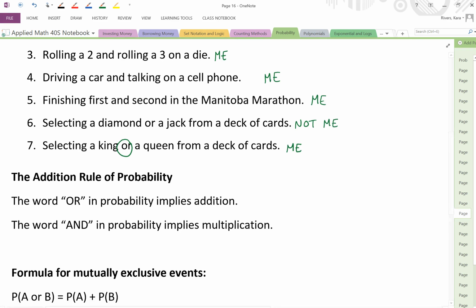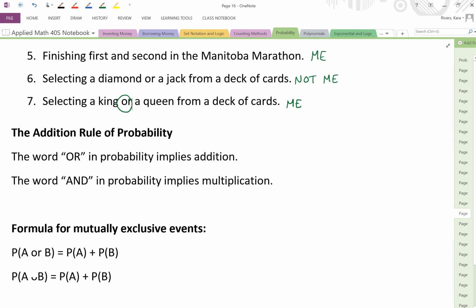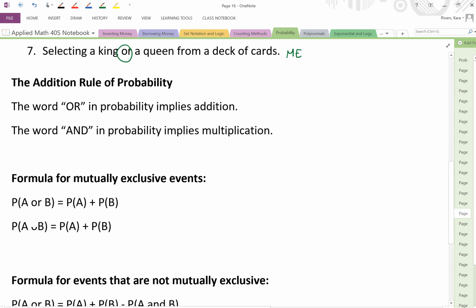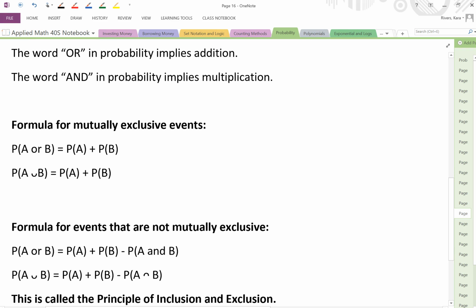Reminder here, the addition rule for probability. The word or in probability implies addition, and the word and in probability implies multiplication. And when we're looking here for or, that's union. And when we're looking at and, that's going to be our intersection.